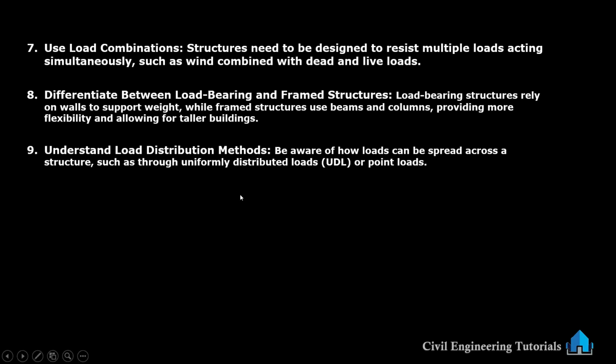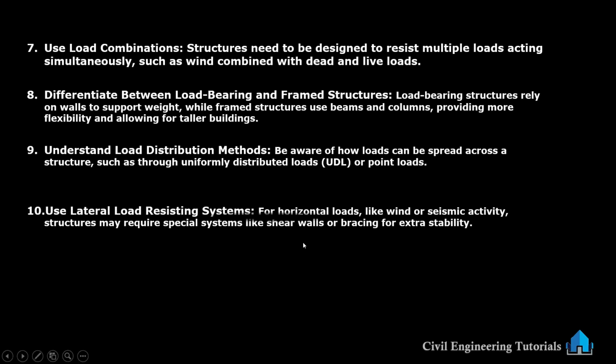Be aware of how loads can be spread across a structure, such as through uniformly distributed loads, UDL, or point loads. And use lateral load resisting systems. For horizontal loads like wind or seismic activity, structures may require special systems like shear walls or bracing for extra stability. So these points ensure safe, efficient load distribution throughout the structure.